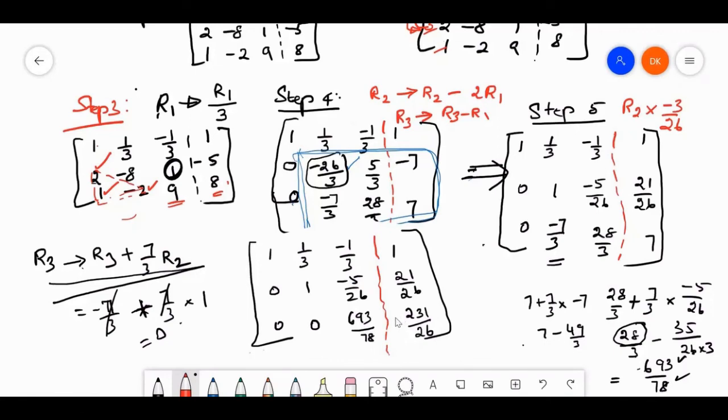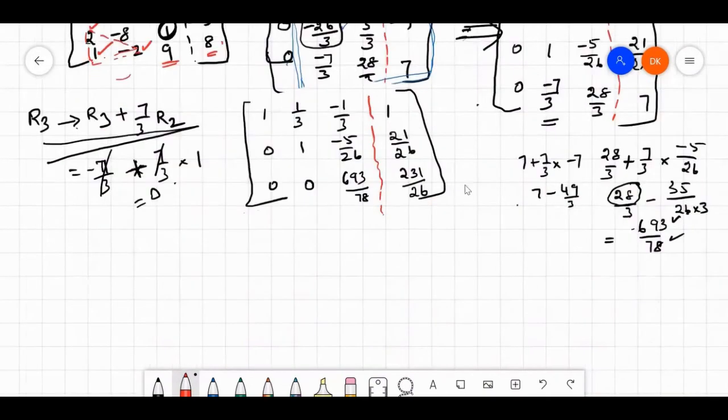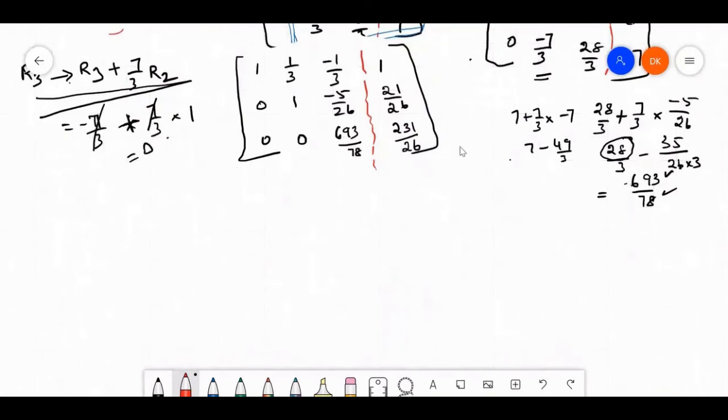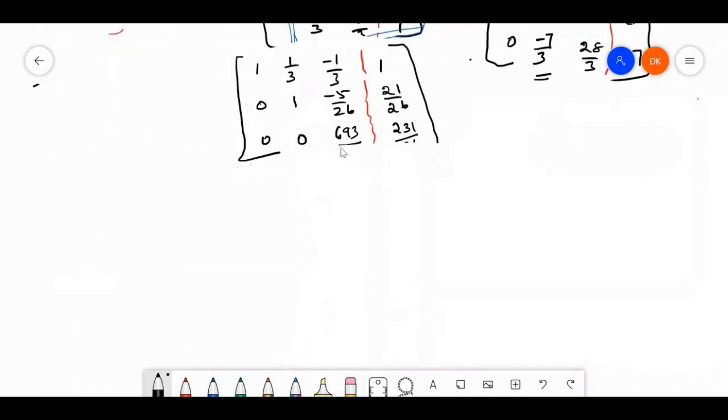So this is what you will get, 231 divided by 26. So our next step is, this is 693 by 78. This is 231 divided by 26.